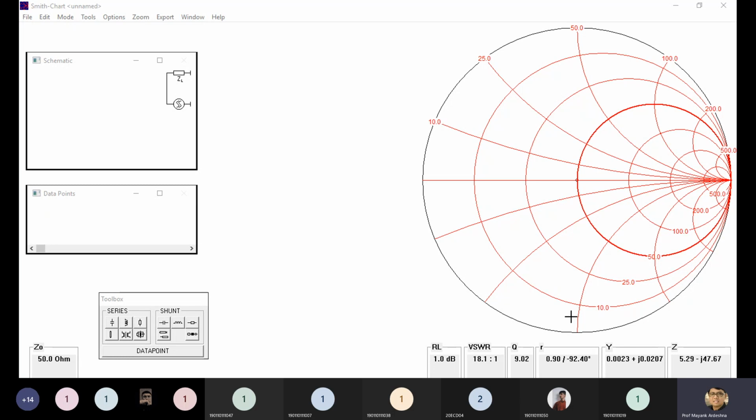We have chosen the load impedance as 60 plus 40j. The characteristic impedance is 50 ohm.